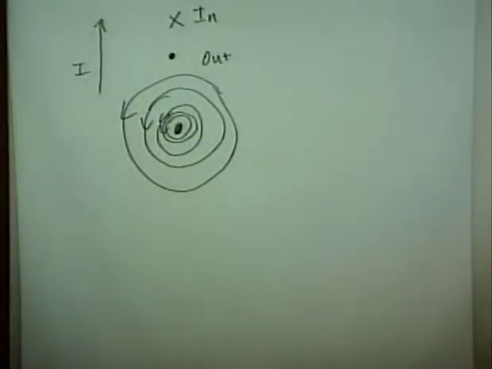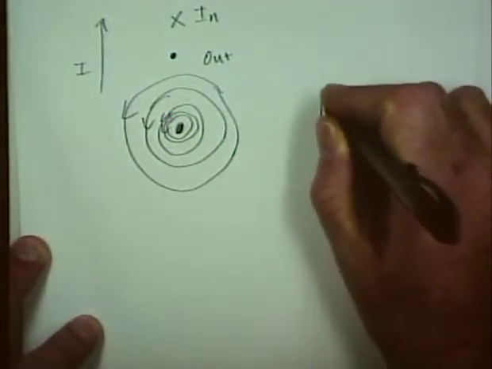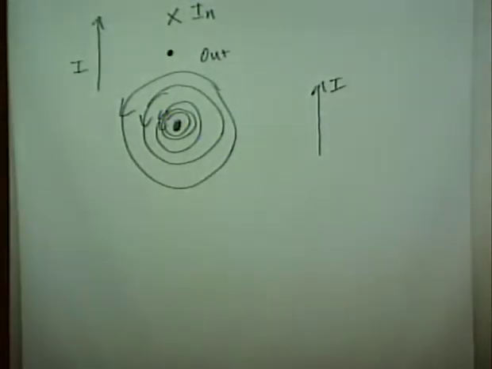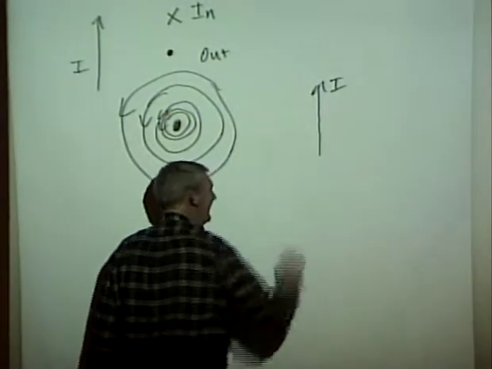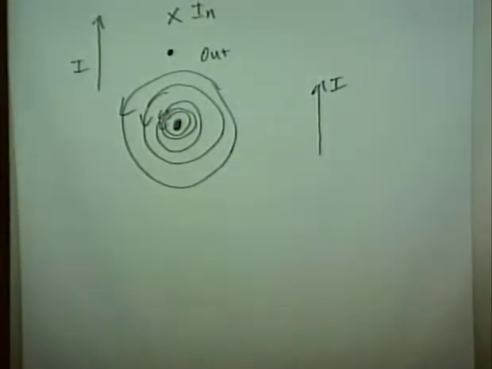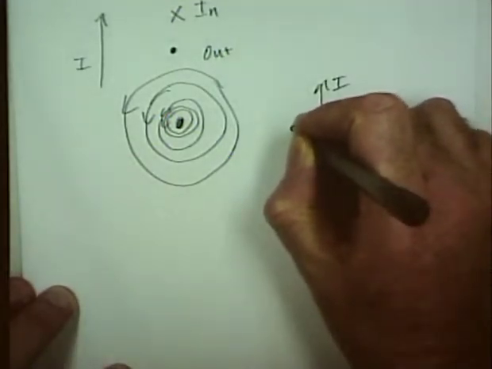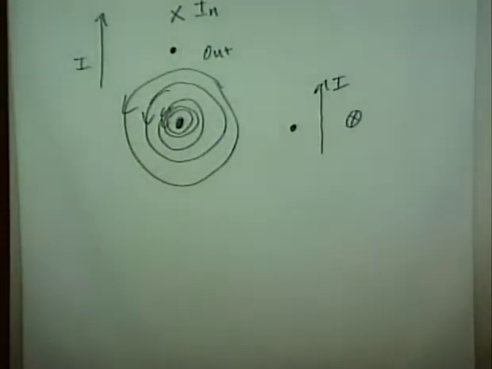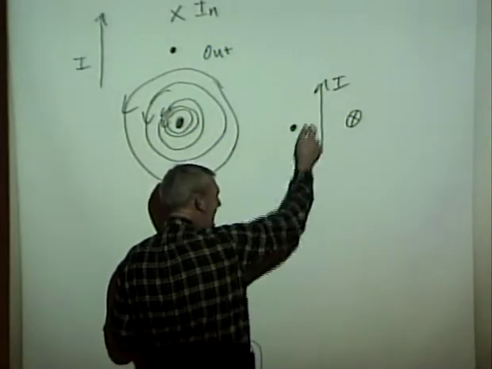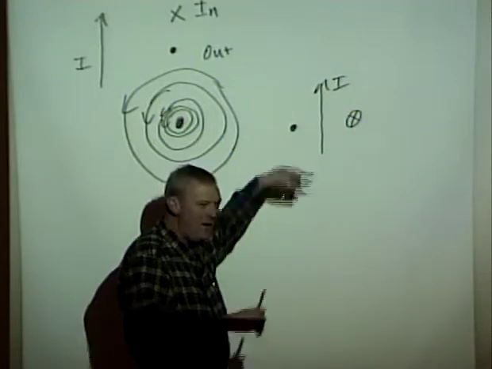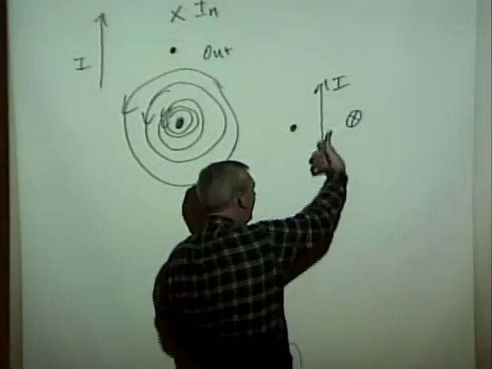So, if I have a current going straight up like this, I put my thumb on that current and go like this. That means the field is going into the board on this side, and it's coming out of the board on this side, on the plane of the paper. Now then, if I take it all the way around through this wall, do you see that the B field is actually going this way in a straight line?